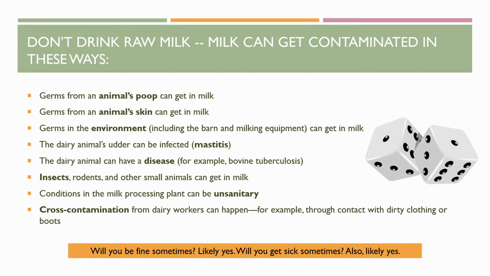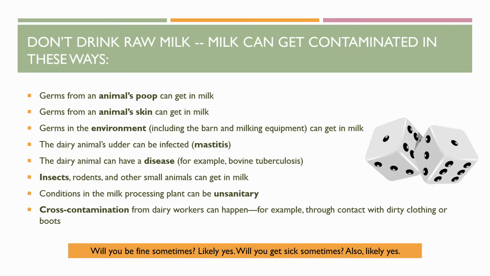Obviously, we don't drink raw milk. Our milk is pasteurized. And milk can get contaminated in various ways: germs from the animal's feces, skin, environment, barn, milking equipment. A dairy animal's udder can be infected, which is called mastitis. You don't need to remember that. The animal can have a disease.